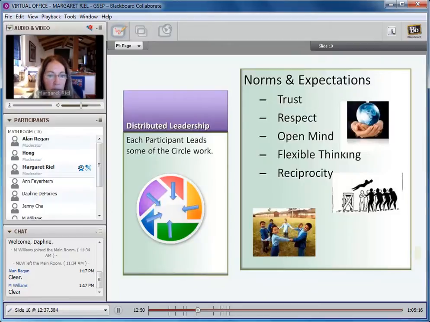So if each of these colors around this circle represents a different project, each of these arrows represents the participant leader, and this space is the group work. Now, there are a set of norms and responsibilities that people have to have when they participate in learning circles. First, and probably most critical, you have to create a sense of trust.